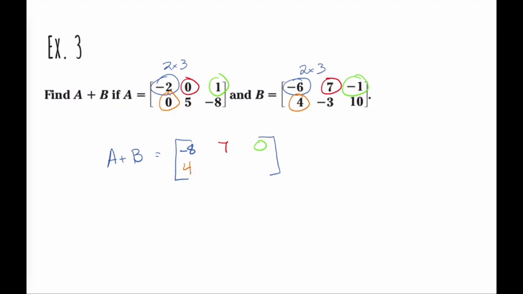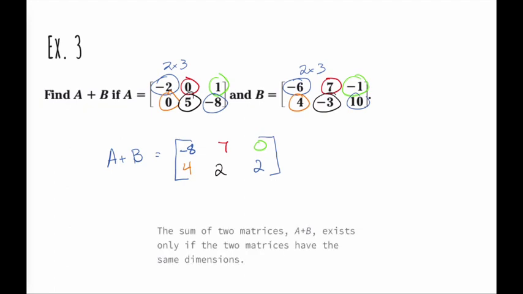And 5 plus negative 3 is 2. And negative 8 plus 10 is also 2. So all you do is you add the elements that are in the same row and column in each matrix. And it only works if the two matrices have the same dimensions.